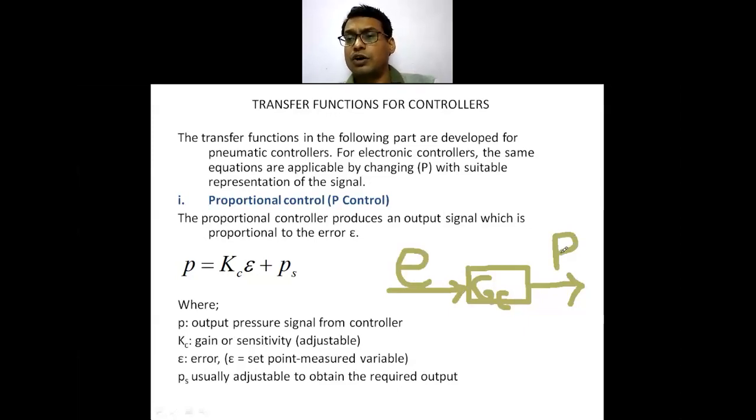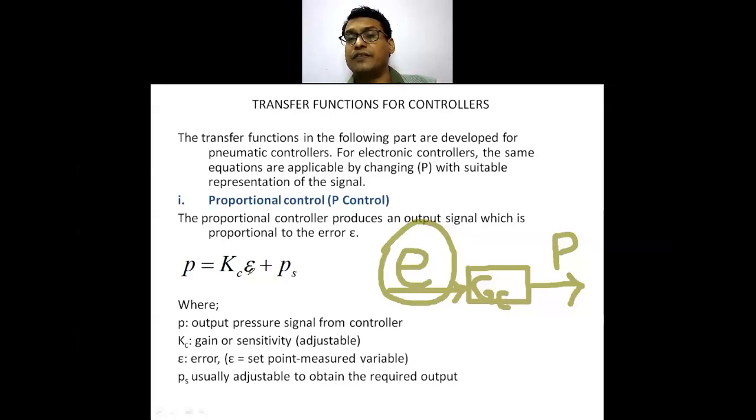That is what we have discussed in the previous figure also. This is the E, the error generated from the comparator, or error generated from the difference between the set point and the measured value, E, which is equal to R minus B. So this is the error, or in this case it is the epsilon that is represented.